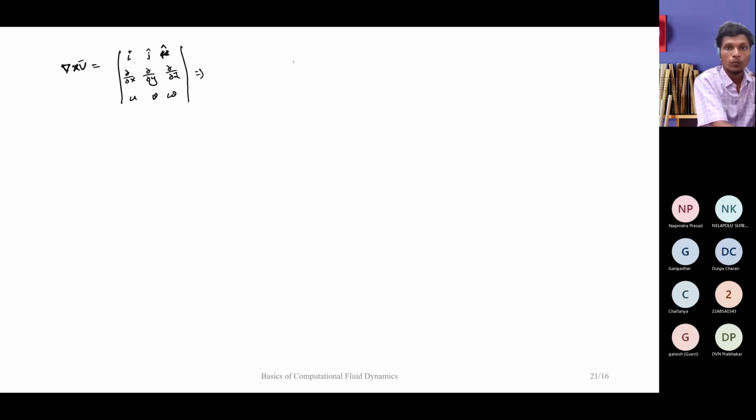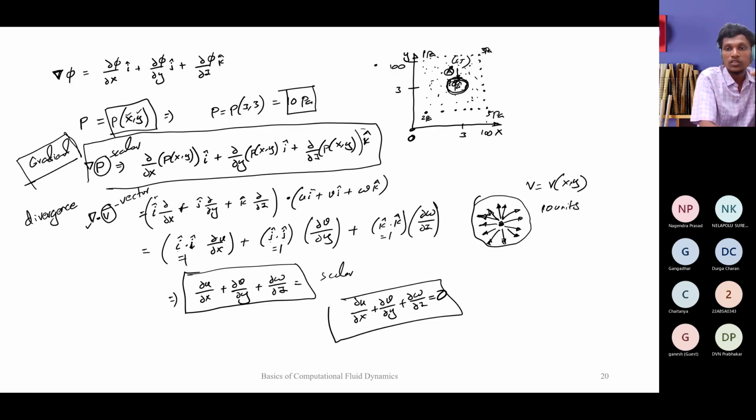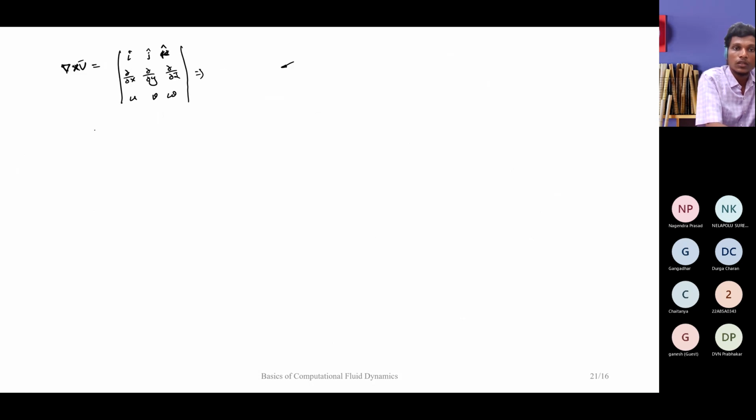Fluid rotating means, earlier I drew fluid elements emerging from a single point; there is no vector rotating like this. The curl equation that I wrote here will give you again some vector, and the magnitude of that vector gives an understanding of whether the fluid is rotating in the flow domain or not.